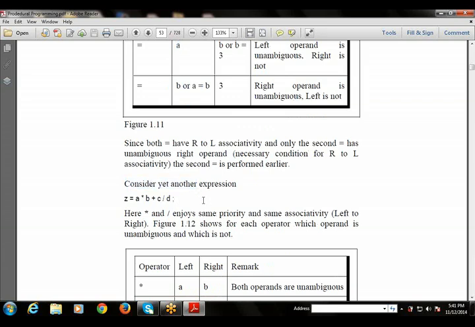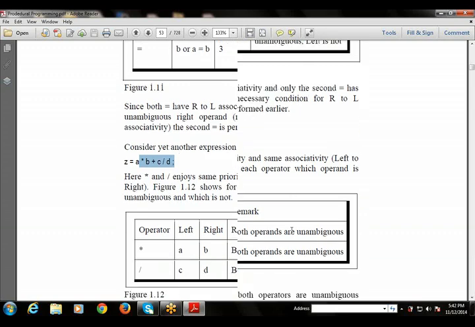Now consider the next expression. Here there is a z that is used: a into b plus c divided by c. Here multiply and divide enjoy the same priority and the same associativity. That is, on the same line there are different operators that have the same precedence as well as the same associativity.